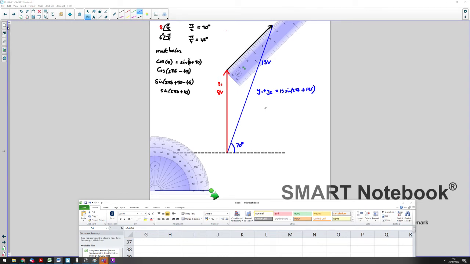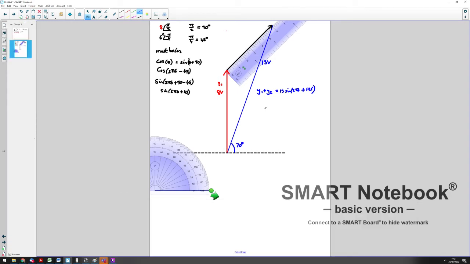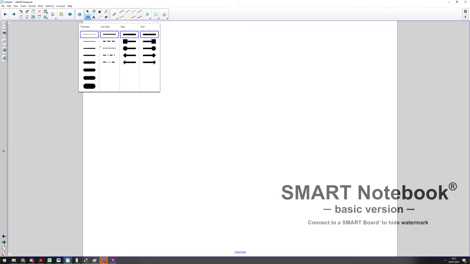So right, let's bring this on. New page. Part 2's dead straightforward. It's what we call a differential equation. Okay. So velocity is equal to the rate of change of displacement with respect to time.